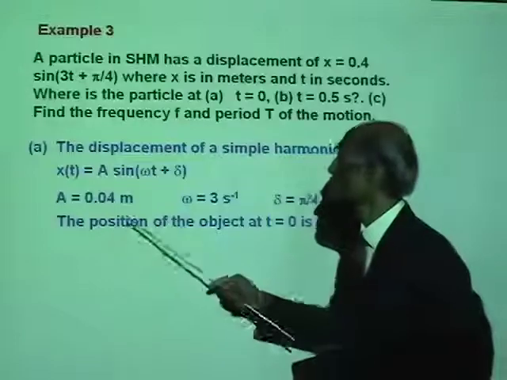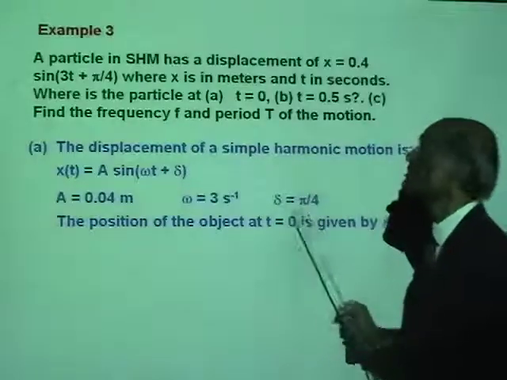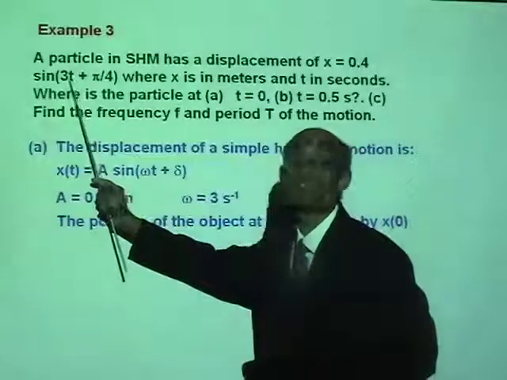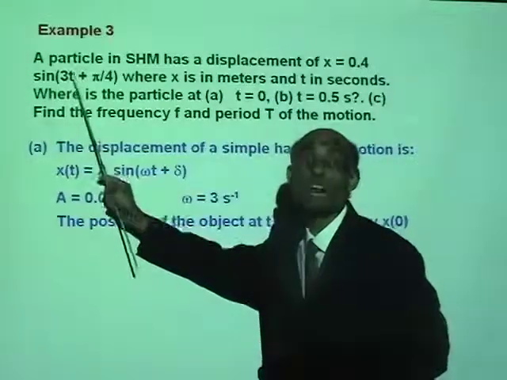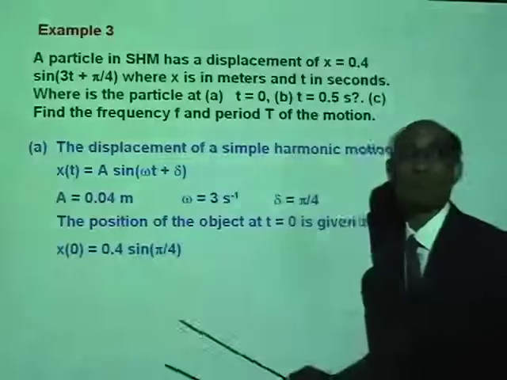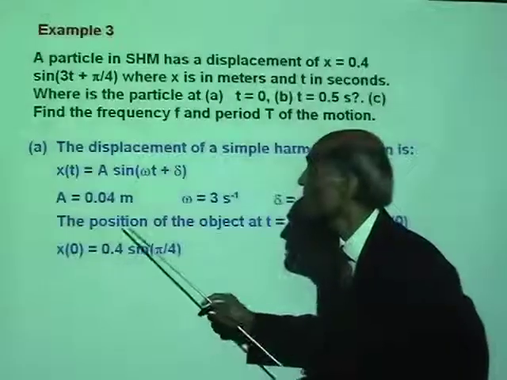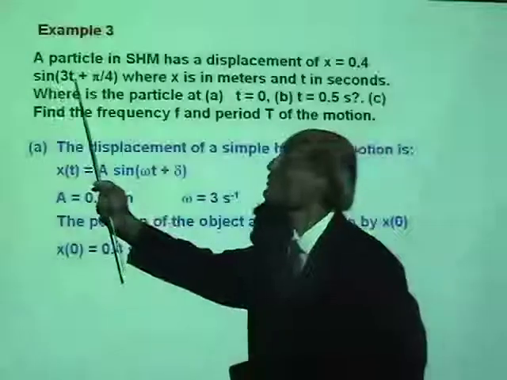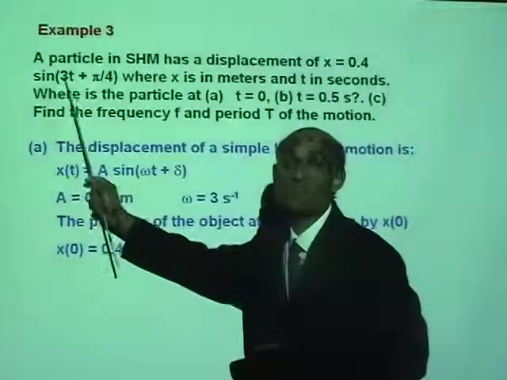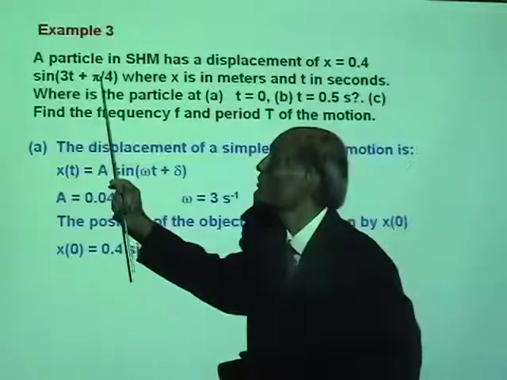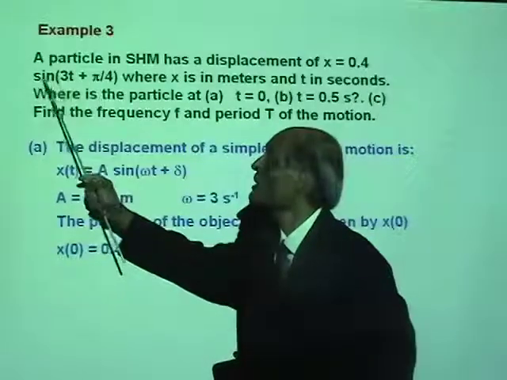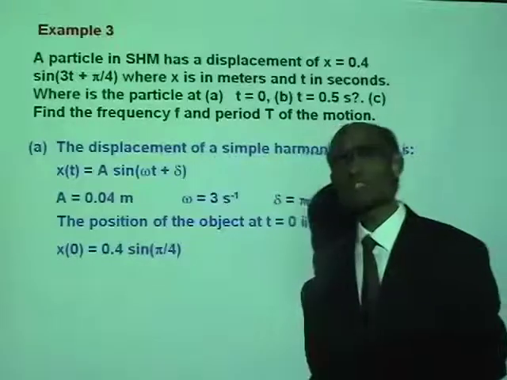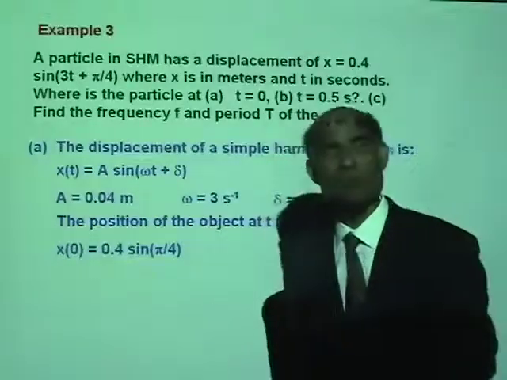Alright? The position of the object at t equal to 0. To find the position of the object at t equal to 0, simply put t equal to 0. So x of 0 is 0.4 sine, look at this, 3t is 0, so the quantity inside becomes pi by 4, 0.4 sine of pi by 4. Anybody tell me the value of sine pi by 4?